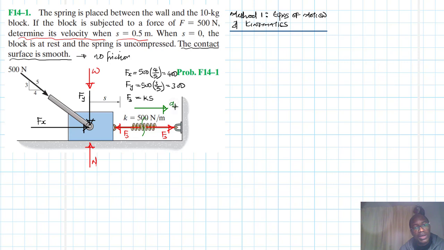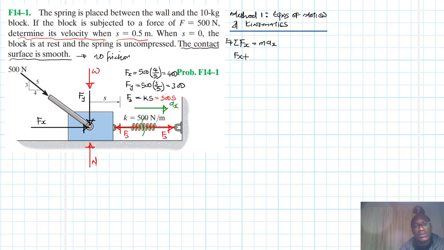So we have our ax. The summation of forces in the x direction is just equal to m ax, right? What do we have? We have Fx, okay? This one is just equal to, what's the spring constant? This is 500 times S, okay?